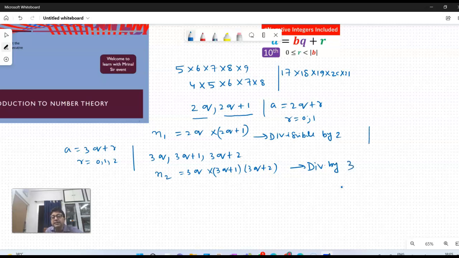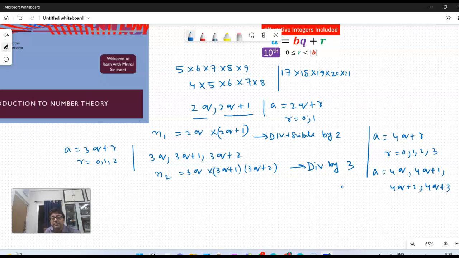Similarly, if you consider divisibility by 4, say you are taking integer a equal to 4q plus r, then the values of r are going to be 0, 1, 2, 3. And the integers can be taken in this form: 4q, 4q plus 1, 4q plus 2, 4q plus 3.